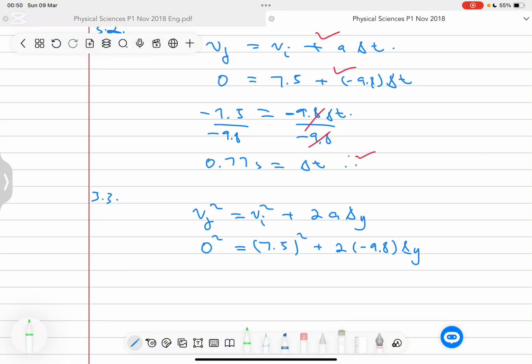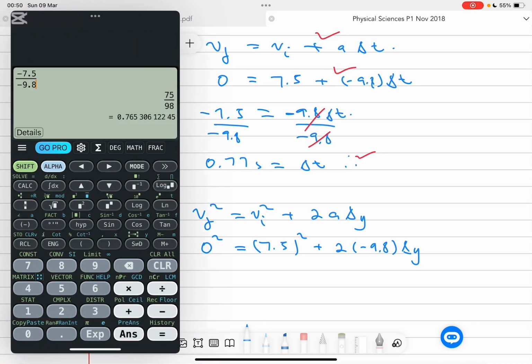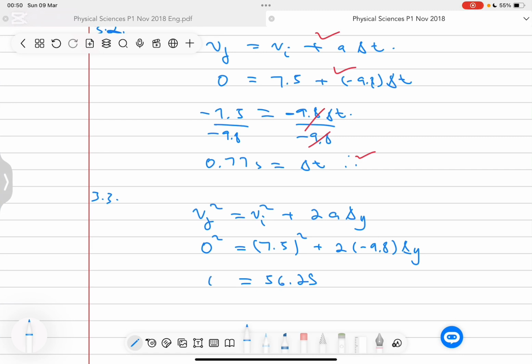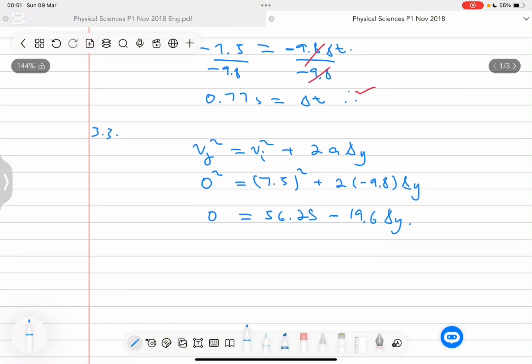So now to calculate this, we are going to use our calculator to say that 7.5 squared actually gives us 56.25, and we know that 0 squared is just 0, and here we are going to have a negative 19.6 times the change in y. If I take this 56.25 to this side, I get negative 56.25 equal to negative 19.6 change in y.